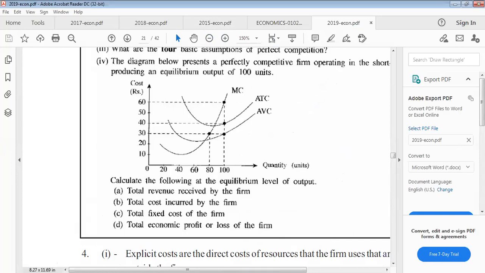So here, quantity is given. Some questions give the price and we have to verify the quantity. Some questions give the quantity and we have to verify the price. So now, first of all, can you see this?